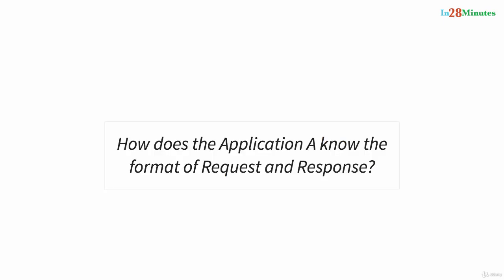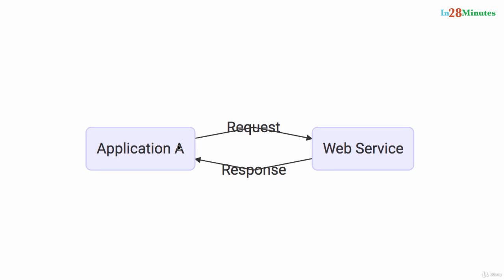The next question is, how does application A know the format of request and response? Application A needs to send a request to the web service, and once it gets the response, it needs to be able to process it and do whatever it wants to do with it. How does it know what requests to send, where to send it, and what is the format of the response?